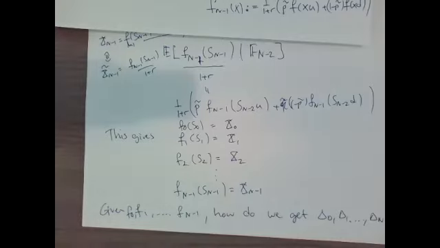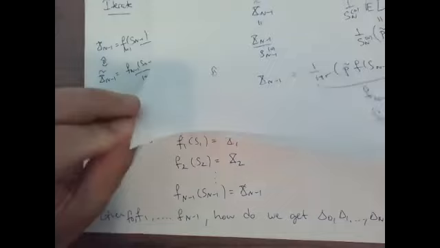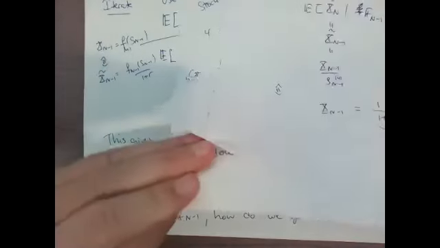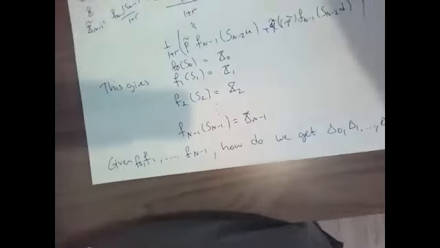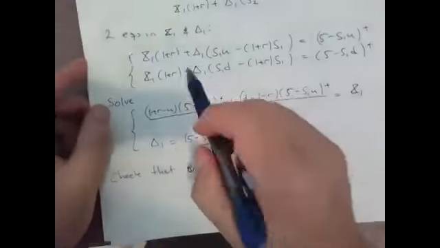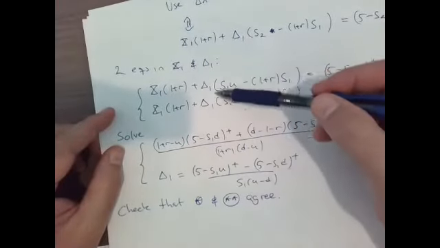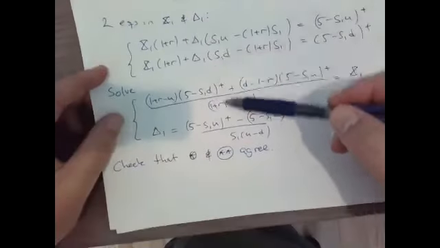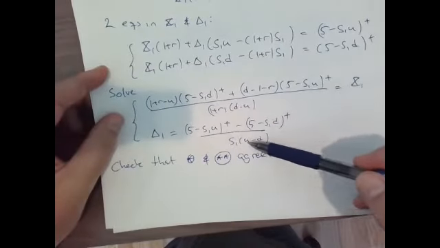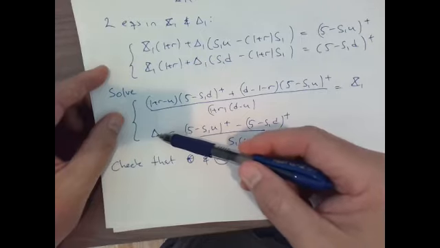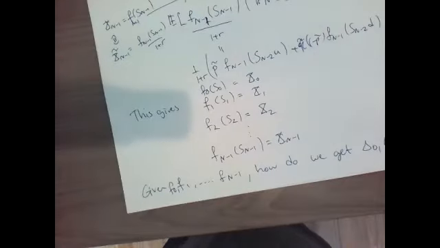And so this is where the example comes in. How did we get delta 1? Well, we had to solve these equations. And when we solved for them, this is what we got. I'm hunting all these deltas here, and I'm saying that given these functions, we can actually get them out.